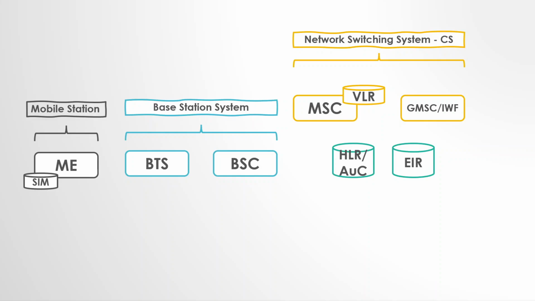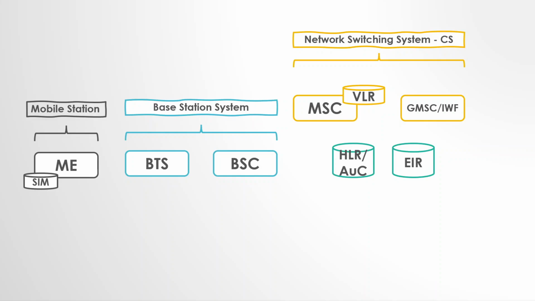Visitor Location Register (VLR) contains all the information needed to handle the calls set up or received by the mobile stations registered in its database. VLR and HLR exchange information during mobile station registration procedure, including supplementary services information. VLR may be in charge of one or several MSC areas.